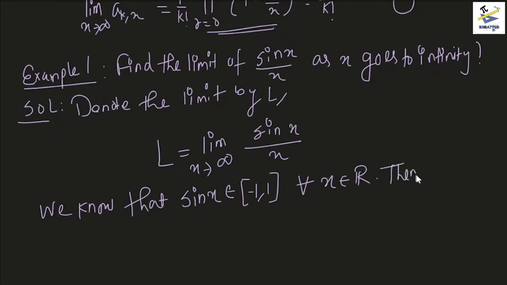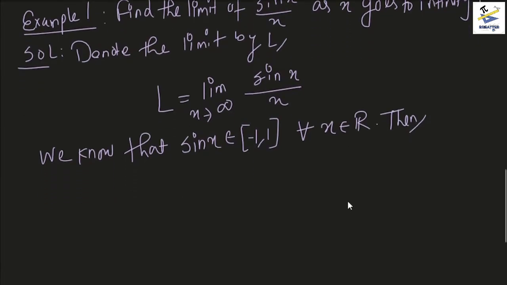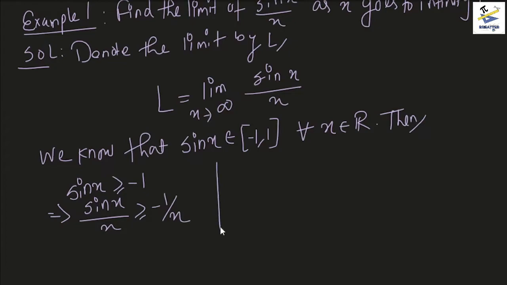Then we can see that sin x is greater than or equal to -1, so sin x by x should be greater than or equal to -1 by x. Similarly, sin x is less than or equal to 1, so sin x by x should be less than or equal to 1 by x, right?